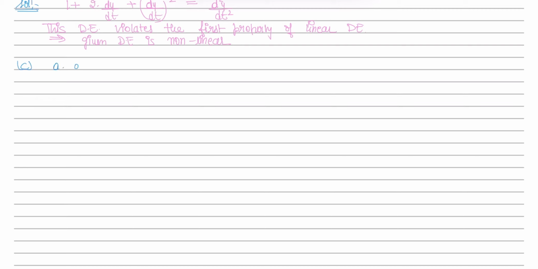A into d square y by dx square is equals to minus 6 into dy by dt whole cube plus 9y whole to the power 4 by 3.